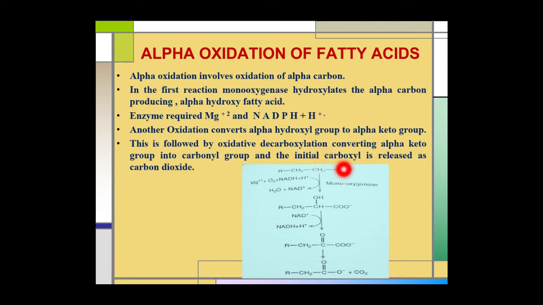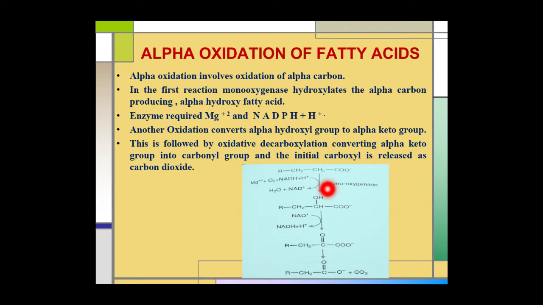In the first reaction, the monooxygenase hydroxylates this alpha carbon, producing the alpha hydroxy fatty acid. This monooxygenase enzyme requires Mg+2 and NADPH plus H+. As a result, the alpha hydroxy fatty acid is produced.